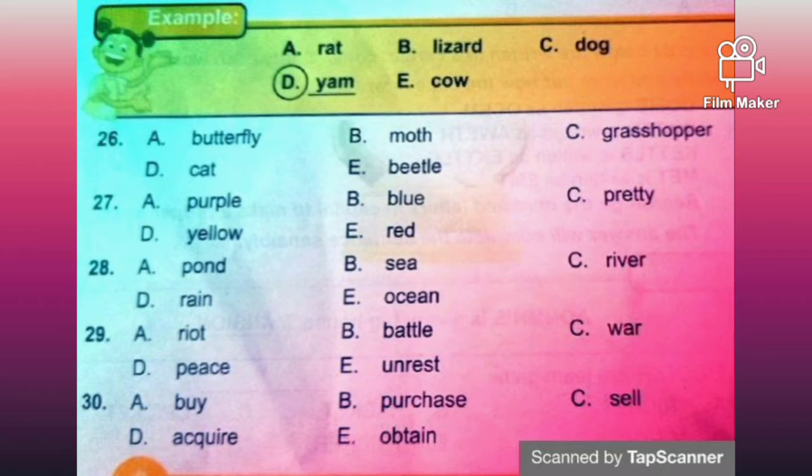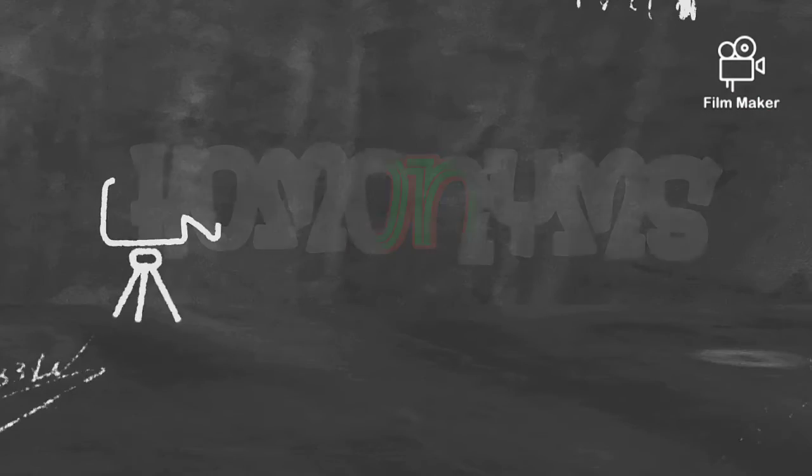Do you understand? So now the answer is pretty because it is not a color. So it's easy, right? That is why I said you're gonna enjoy this because it's so easy. Now we have 28, 29, and 30 to answer, right? All right, so let's go over to the next one.